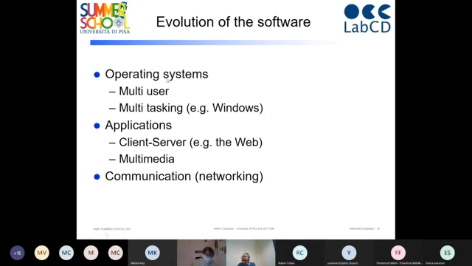There was in parallel also the evolution of software, of course, in which at the beginning clearly there was one single user for one single computer. Then very quickly we moved to multi-user, meaning that the same computer could be used at the same time by many different persons, and each one had the illusion of being the only user, because the operating system was working this way.